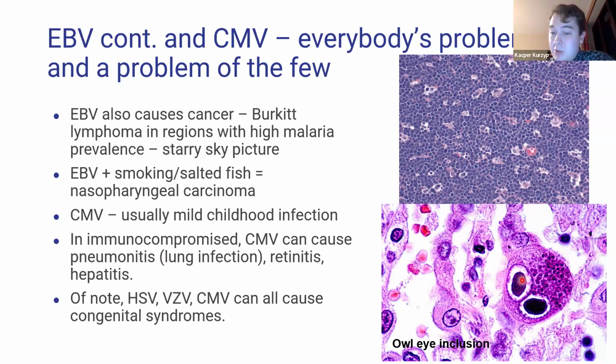You can recognize it with those owl's eye inclusions in the infected cells. And another important note, more relevant in year 5, most of the herpes viruses, so herpes simplex, chickenpox, cytomegalovirus, can cause congenital syndromes if mom is infected for the first time in pregnancy.